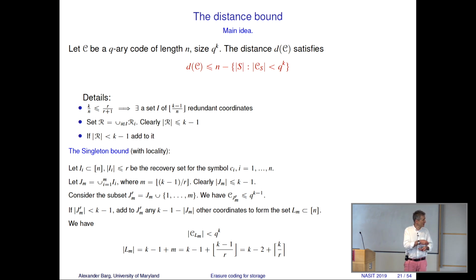And this argument would give the bound on the previous slide, as described here in more detail. I will not spend time on that. This is their famous result, Gopalan et al., and of course, it's accessible from many sources. Again, the thing to remember is that we have to pay in terms of the distance for having locality.